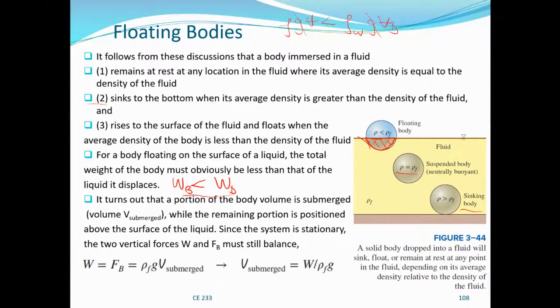It turns out that a portion of the body volume is submerged, but the remaining portion is positioned above the surface of the liquid. Since the system is stationary, the two vertical forces must be equal. That is the weight acting, W, and the upthrust, which is the buoyant force, must be equal.